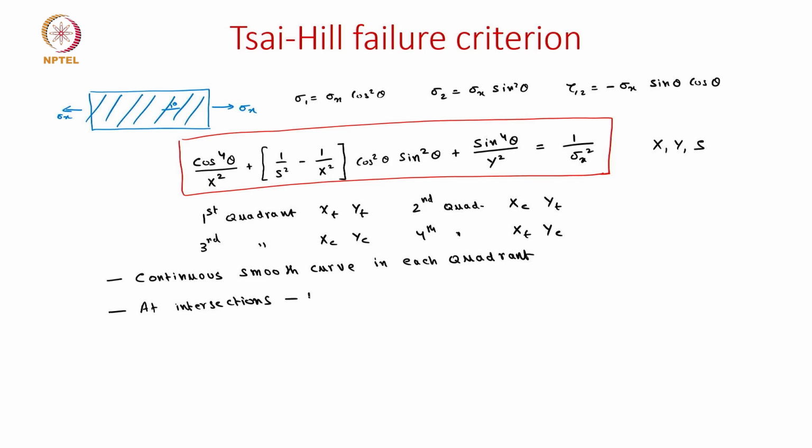At intersections, it is continuous but with different slopes. And more importantly, when this failure criteria was compared with the experiments, the agreement is good.